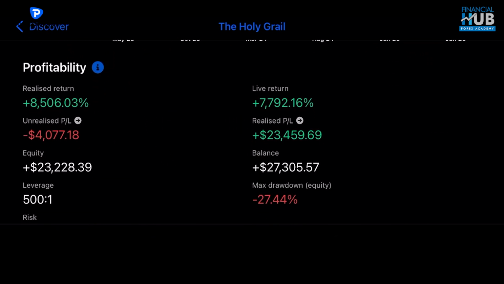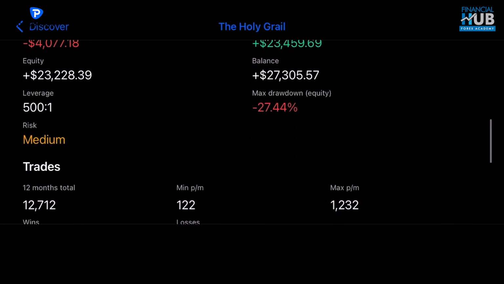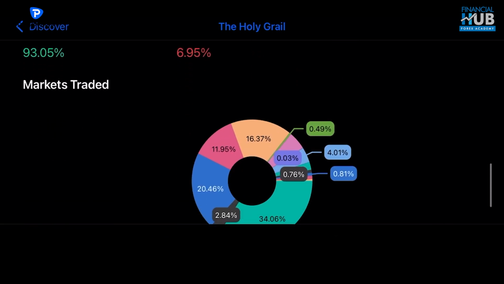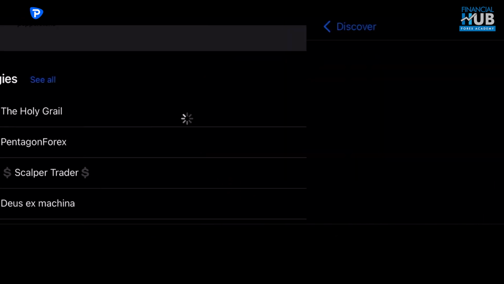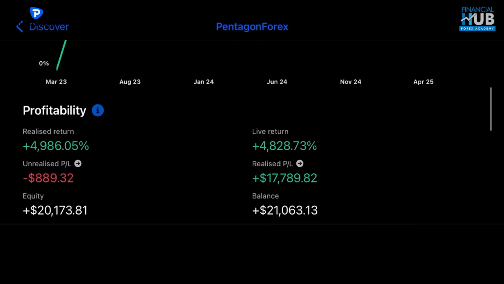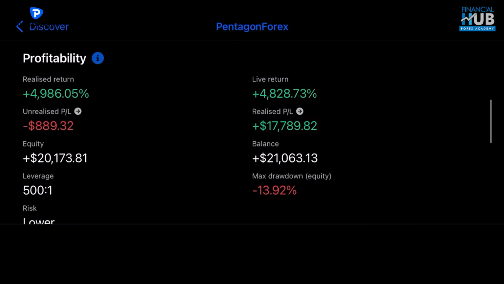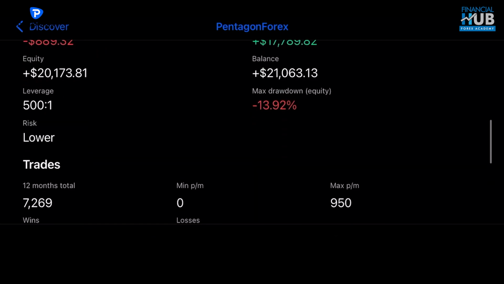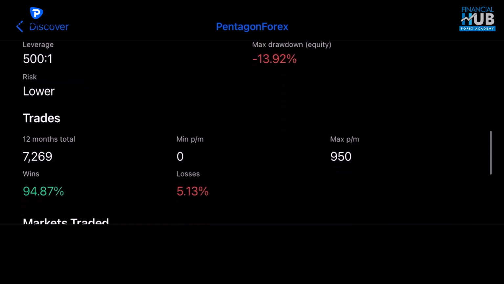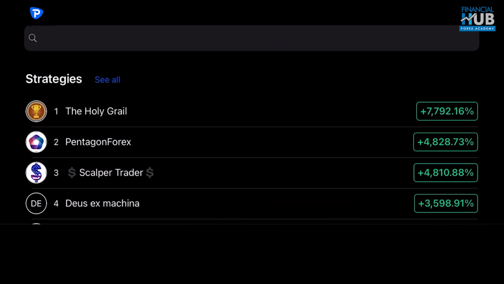For example, you can see the profitability is about 8,500, the live return, the realized P&L, the balance, the maximum drawdown, the leverage being used, the risk, the trades being taken, the wins, the percentage of wins, the minimum, the maximum, and the markets traded mostly. So there's a lot of data that you can gather before you invest.